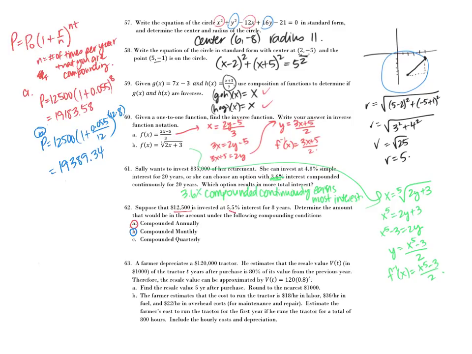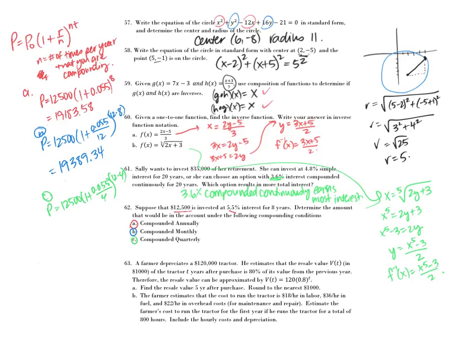And then C we'll do in green. So we're compounding quarterly, that's 4 times a year. Oh, yeah, sorry, what did I say earlier? 12 times 8 is more than 48.